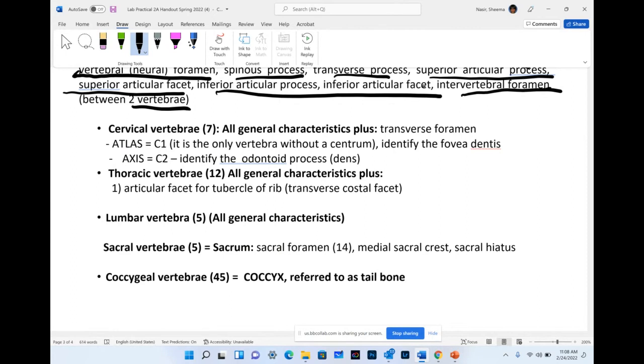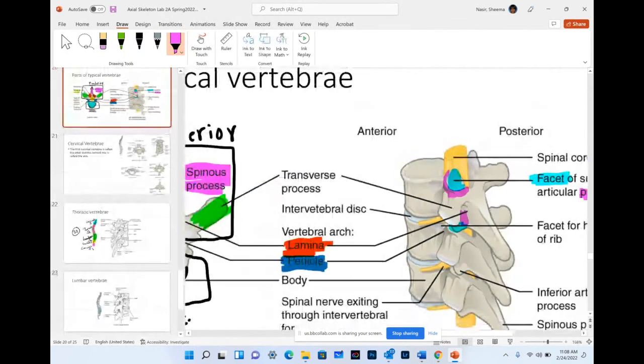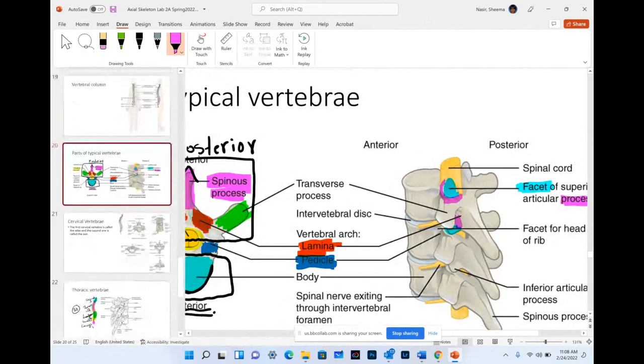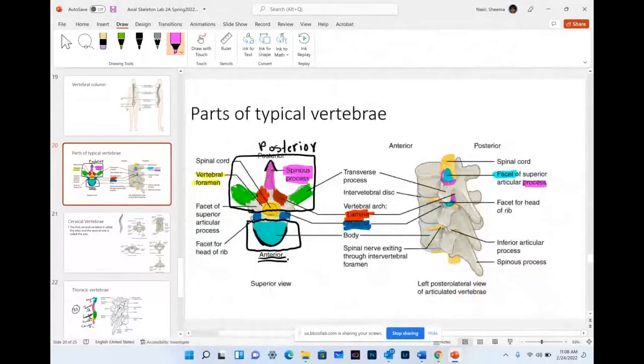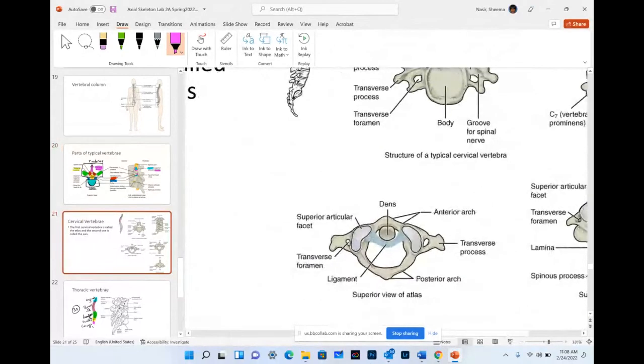So let's look at Atlas. Now Atlas was also one of the Greek gods. And Atlas was holding the globe. This Atlas holds your globe, which is your head. So how do you know this is Atlas?